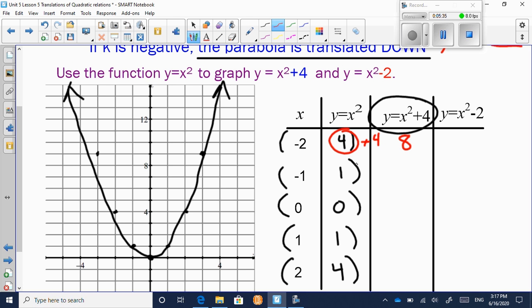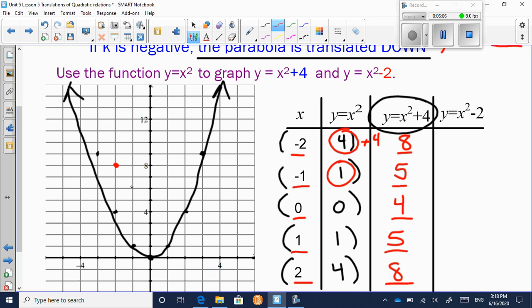I'm going to add 4 to this one, and so it becomes 5. Add 4 here, it becomes 4. Add 4 here, it becomes 5. And add 4 here, it's 8. So my new points are negative 2, 8, negative 1, 5, 0, 4, 1, 5, and 2, 8. Let's plot those. Negative 2 and 8 is right there.